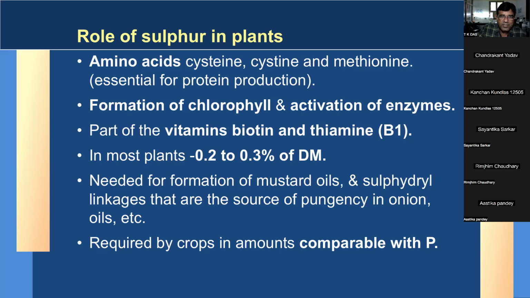Number of amino acids which are essential for human nutrition. Anybody? Kanchan? Sir, 10. 10 for child, I think. 9 for adult. Anybody can correct me if I am wrong.